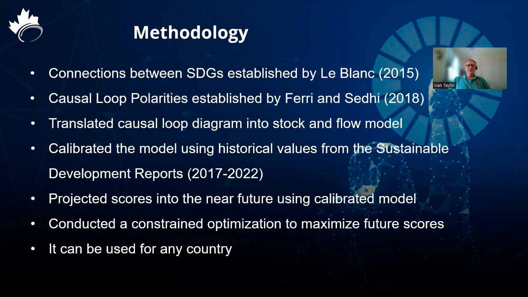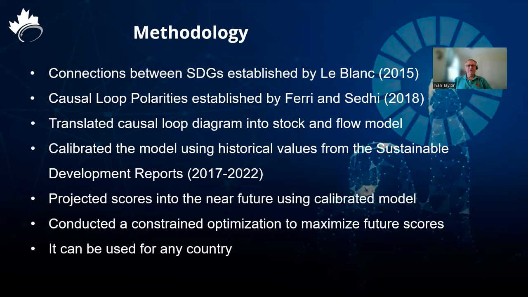The methodology was that we used some sources to look at the connections between the SDGs. One of the sources was LeBlanc 2015, and I'll get into that in a few minutes. We also looked at a causal loop diagram that was developed by Ferrari and Seti in 2018. And then we translated the causal loop diagram into a stock and flow model, and I'll show you how we did that.